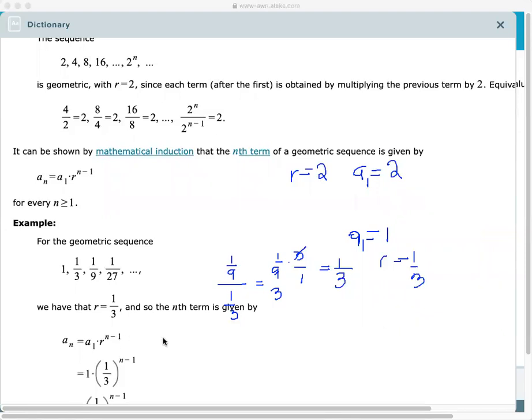So let's find that fifth term. a5 is going to equal 1 times the common ratio, which is 1/3, raised to the 5 minus 1 power, and 5 minus 1 is 4.